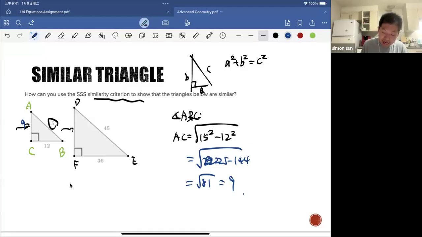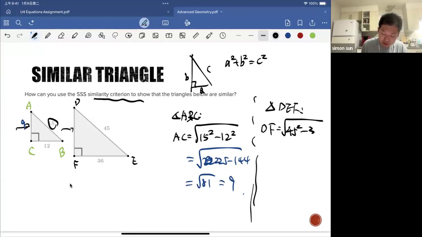And for DF in triangle DEF, DF is equal to the square root of 45 squared minus 36 squared. If you actually calculate this, it is the square root of 729, which is a perfect square.